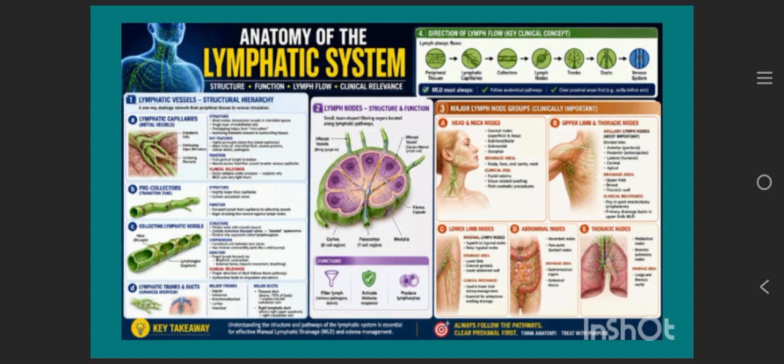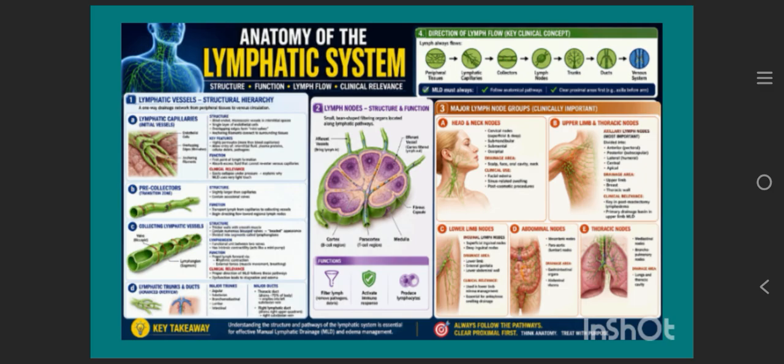So the fourth step or channel in the structure hierarchy of lymphatic vessels is lymphatic trunks and ducts.